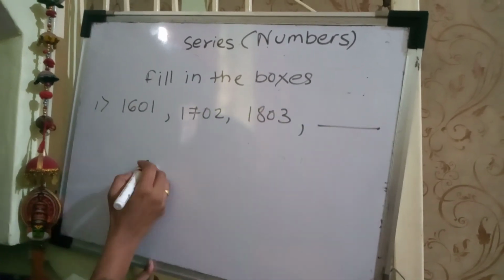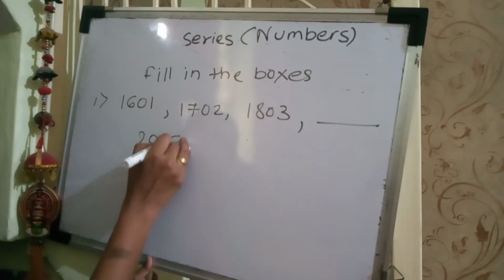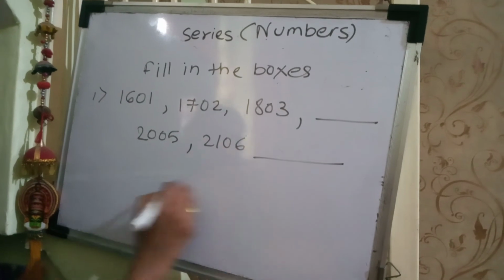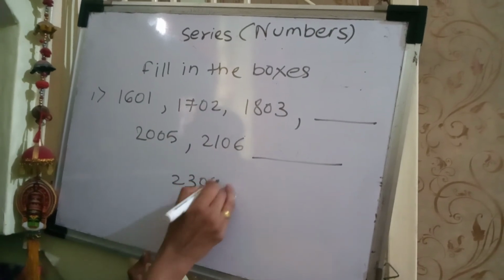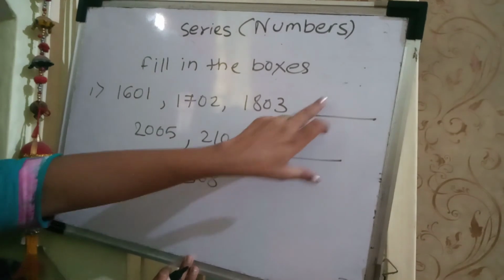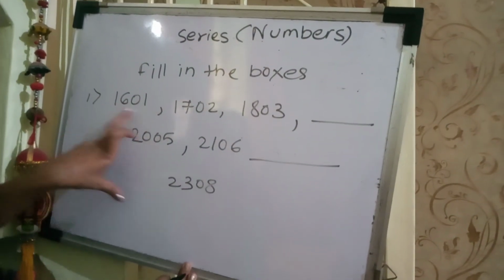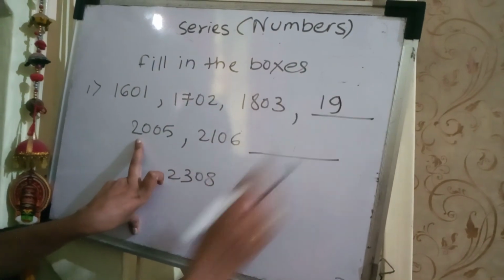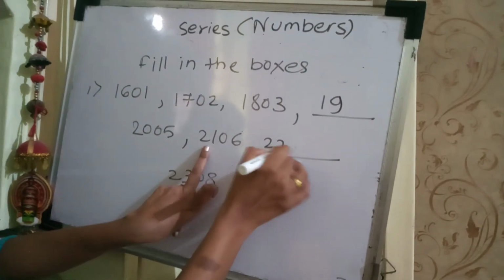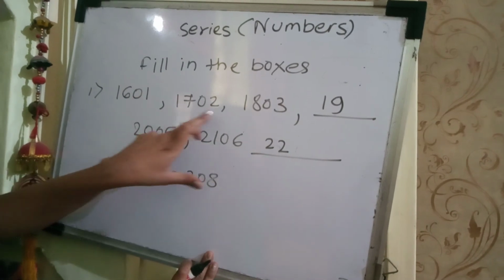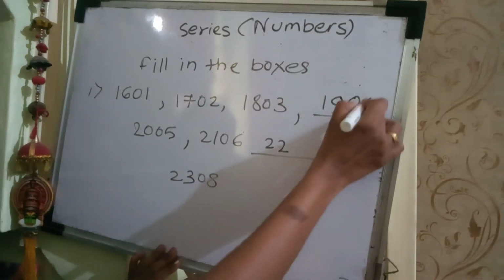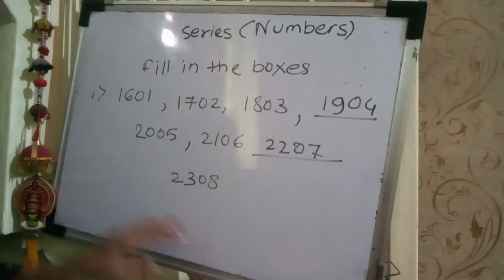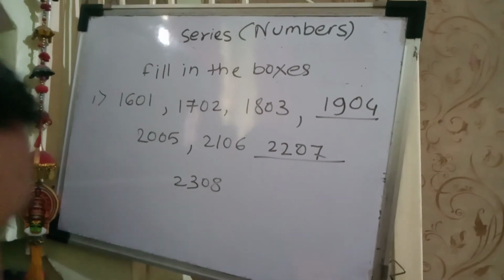Here is the blank space where we have to write. Here is again a blank space. Now see here 16, 17, 18 and 20, means here will be 19. 21, here will be 22. Then 01, 02, 03, here will be 04. 05, 06, here will be 07. In this way you can complete the box.